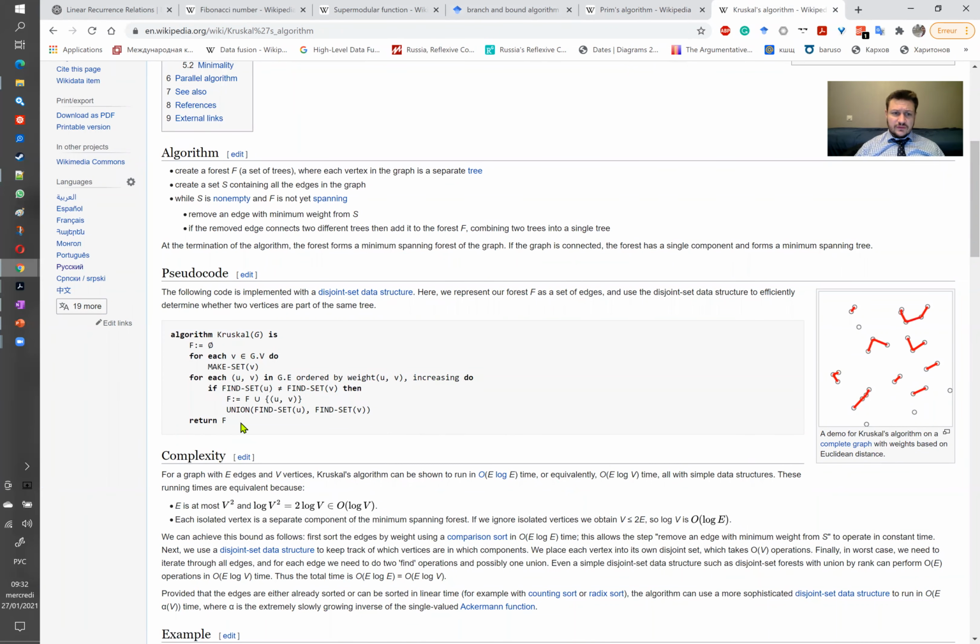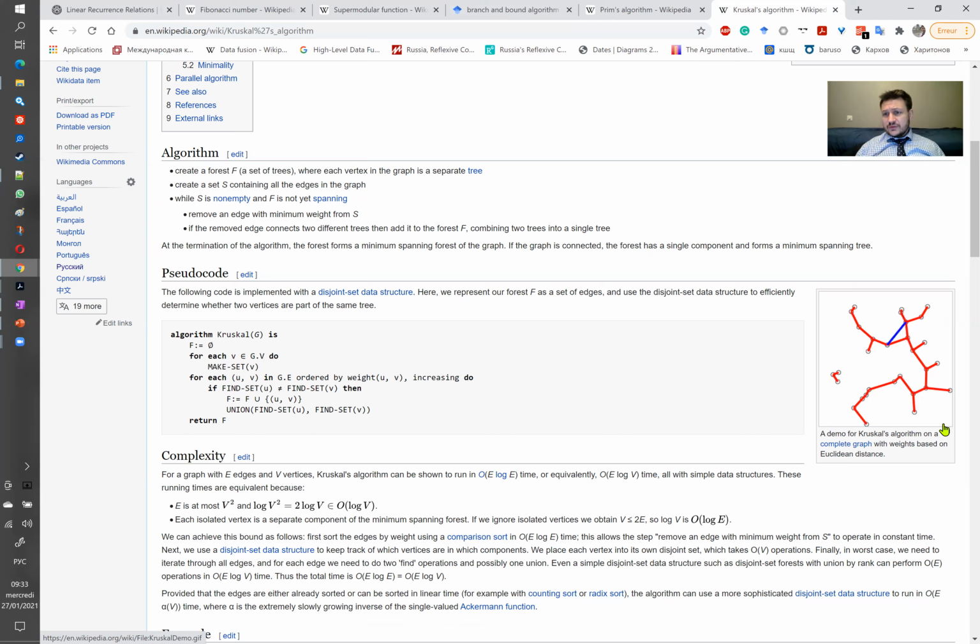As you can see, there is a very simple code and the basic idea. It is very easy to see that it's not a connected component. So we have many edges, and then somehow these edges are connected into one component.